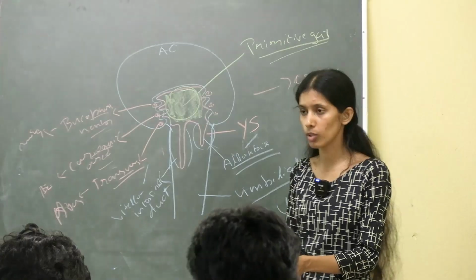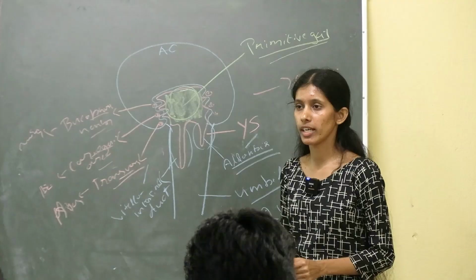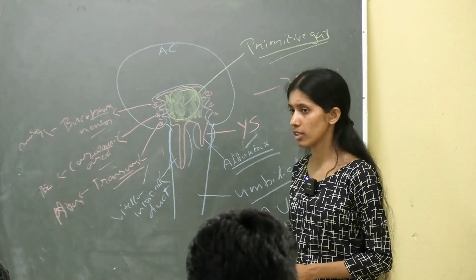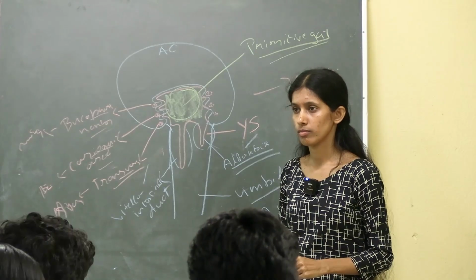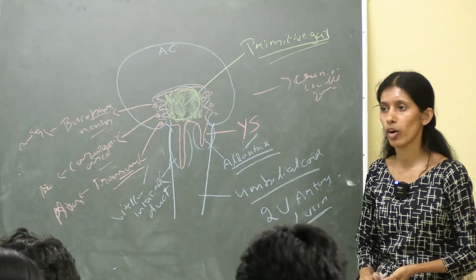Any doubts? No doubts? So how many types of foldings are there? Two types. What are those? Craniocaudal and lateral. We are discussing only the craniocaudal in this session. So what happens in the craniocaudal folding? What structures do we see at the cranial end, or the head part?